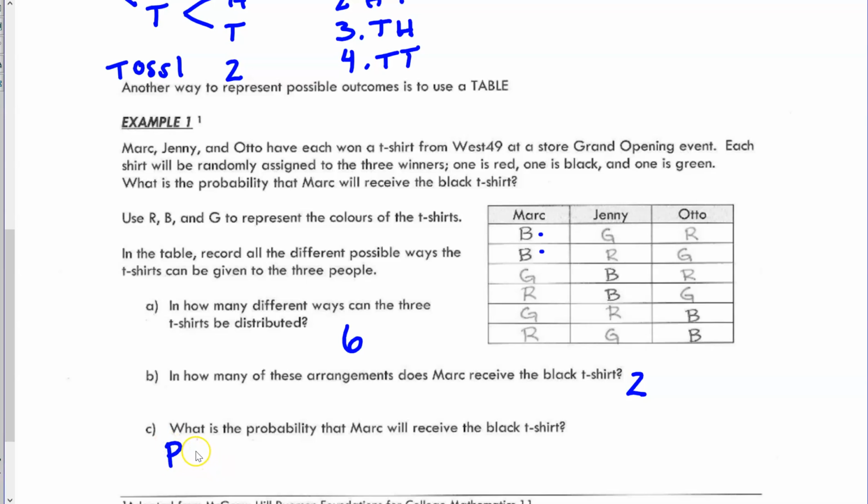The probability of the black shirt is the number of successful outcomes, so that is 2 successful outcomes, over the total number of possible outcomes, which is 6. We reduce our fractions to lowest terms, okay, or we could say 33%. Okay, so that's our first example. I've got 2 more.